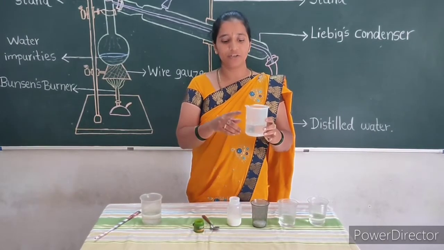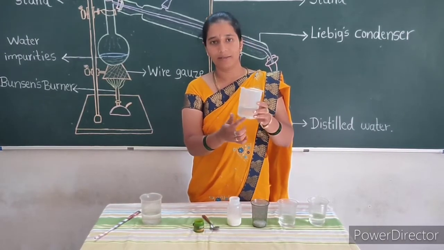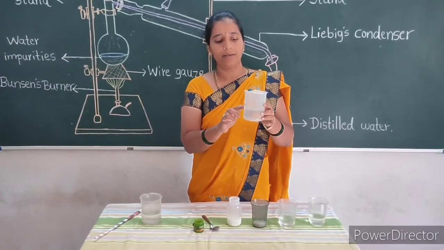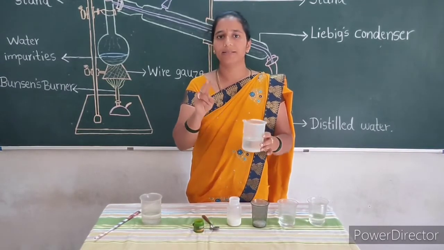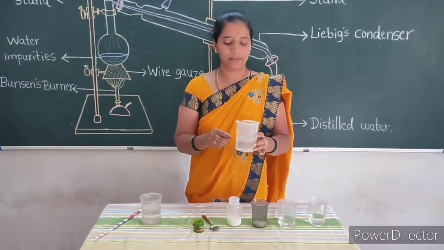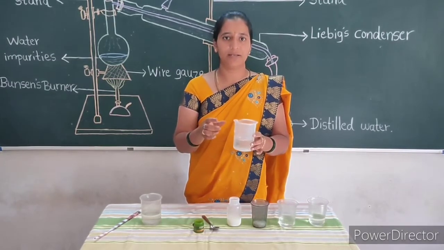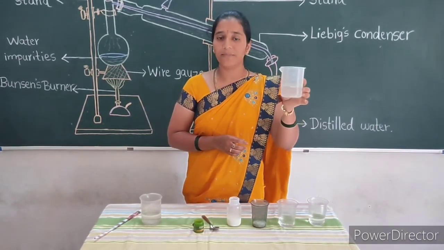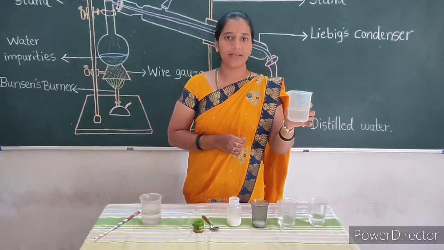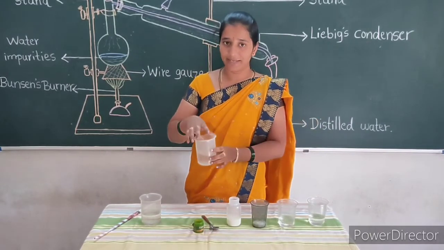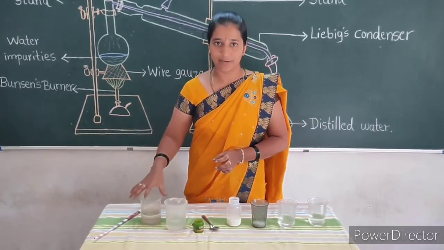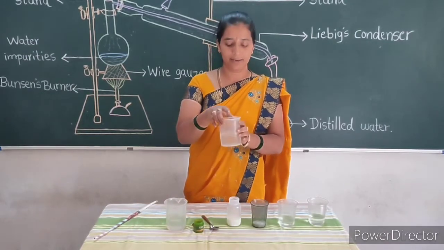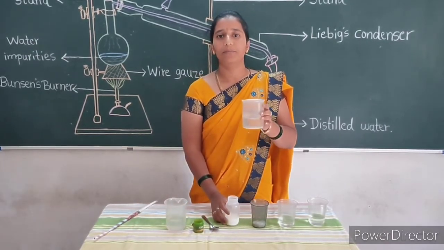You can see two layers, water at the bottom and oil on top. You can see a separate mixture. This one you call immiscible. What do you call this one? Immiscible.